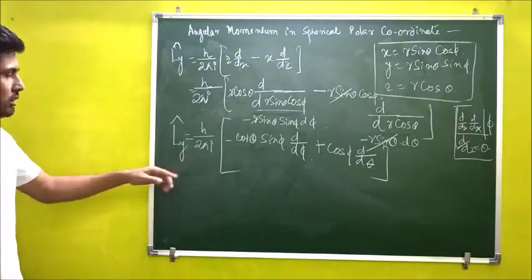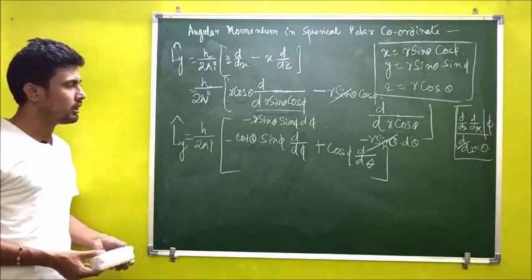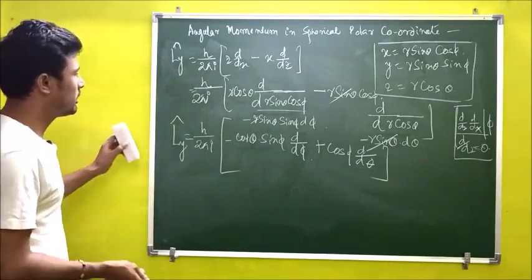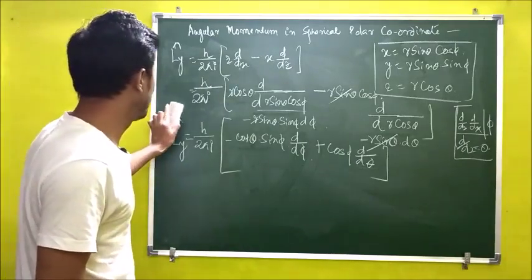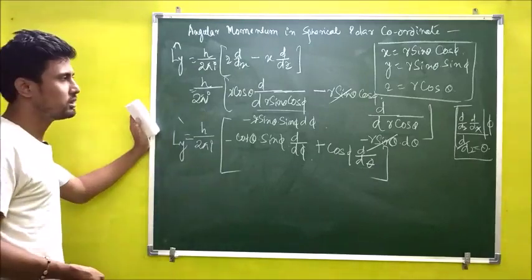So this is the angular momentum in terms of polar coordinates along the y-axis. Now we will see for the z-axis.